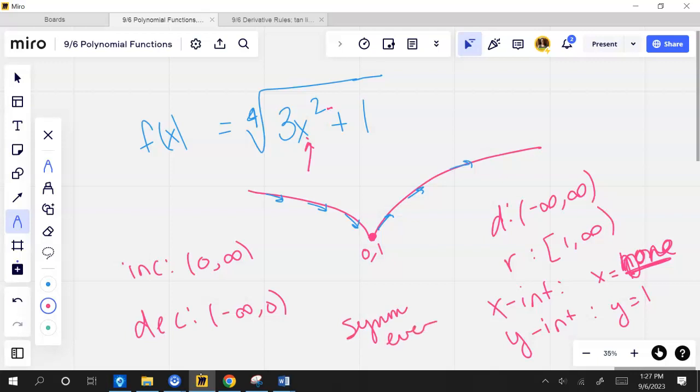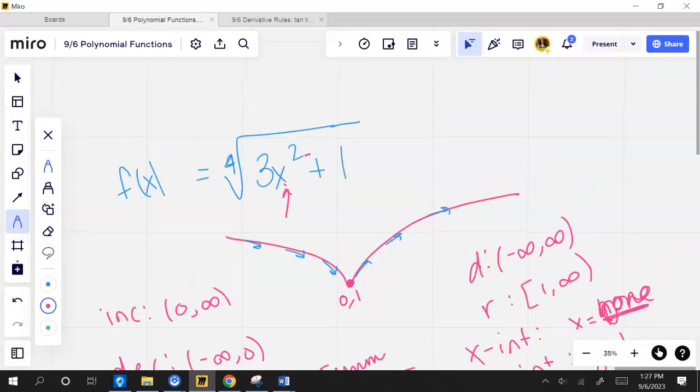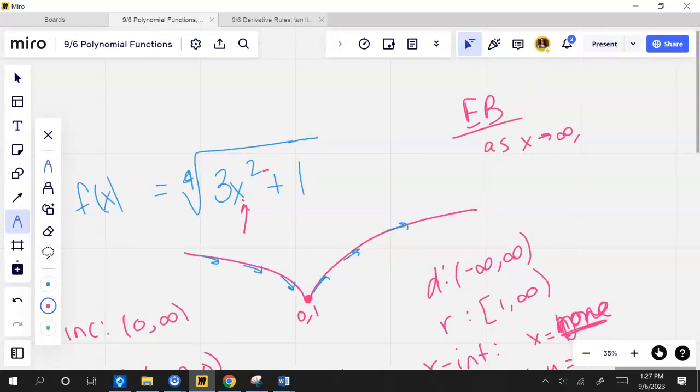What am I missing? Discontinuities. None. I can draw the whole thing without lifting up my pencil, right? How about end behavior? Y'all look really bored. I'll be done after this. As x approaches infinity. Look at you, Sullivan. How about the other side? It's still going out.